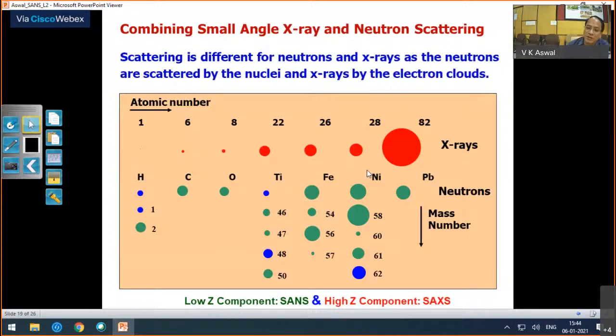So far I talked about 3 different contrast variation techniques using neutrons alone, which is isotope contrast variation, then spin, and then. But you can always use neutron with X-rays because, as I said, these 2 techniques in principle are very much the same, only different.